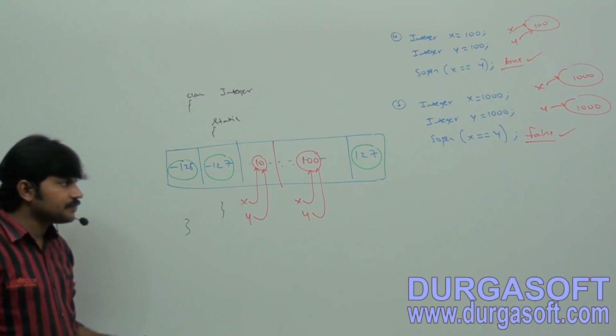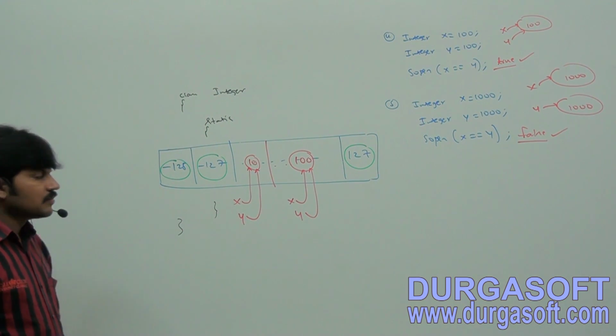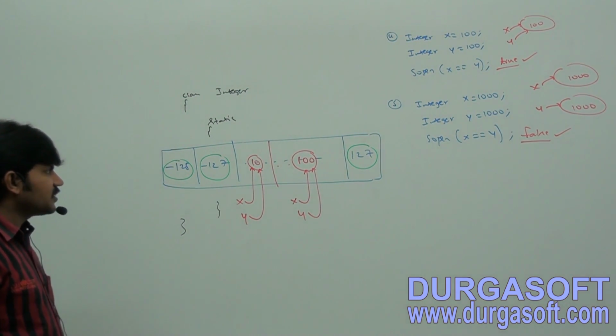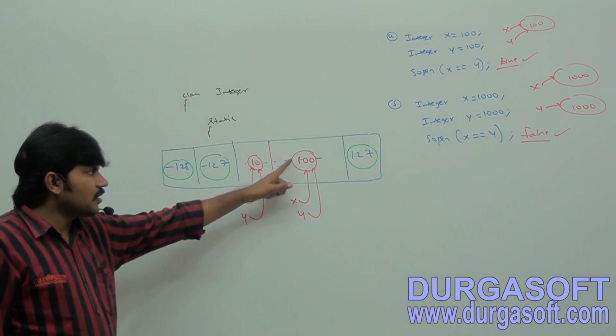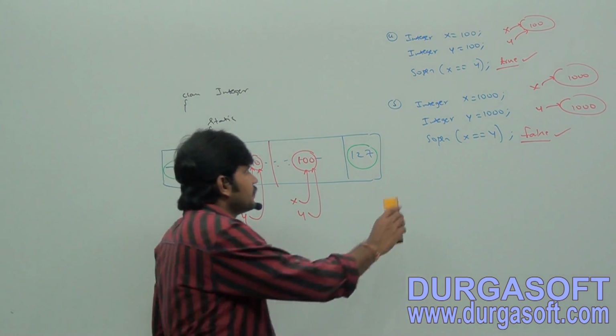First, take this code. The Integer class has a static block covering minus 128 to 127, like 10, 100, followed by 127.